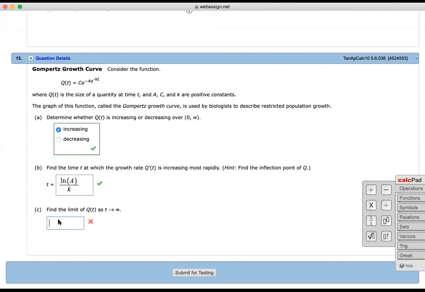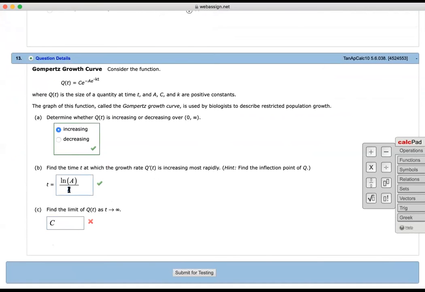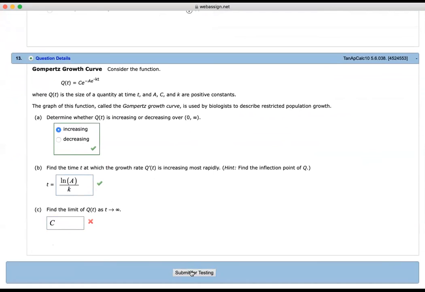And then we've determined that the limit of q of t as t approaches infinity is c. You guys probably know to do this. It took me a minute. I thought we made a mistake on part B because I had a capital K instead of a lowercase k. Just make sure that they match what we have in the problem here. And slowly but surely, this should allow us to determine if that's the right answer.